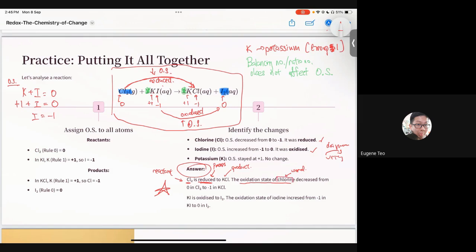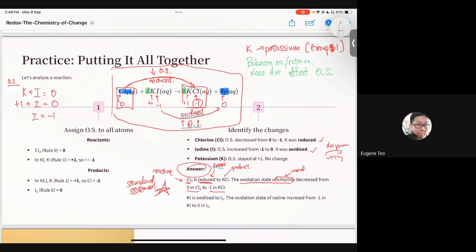So the oxidation state of chlorine decreased from 0 in Cl2 to -1 in KCl. So this is the standard statement to write. So this is for the reduction answer.